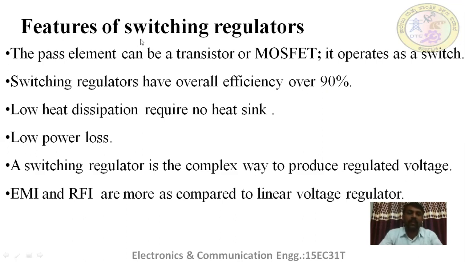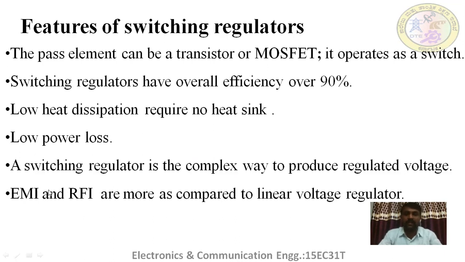Along with these positive features, there are some negative features or some disadvantages. A switching regulator is a complex way to produce regulated voltage. Complex way means the circuit complexity is more. It requires more number of components, and because of switching action, there is a chance of some interference.